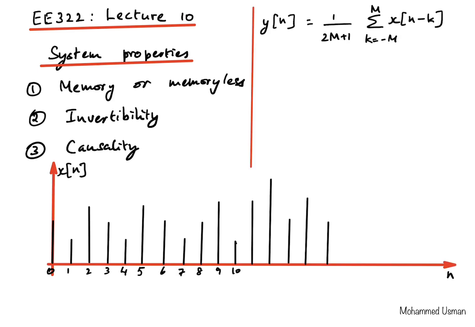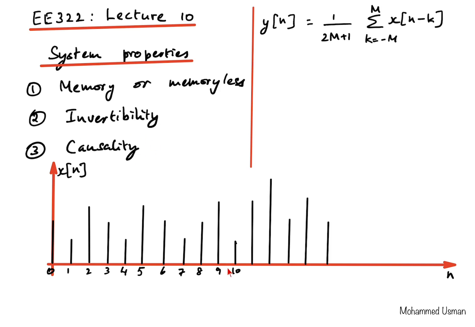In general, a non-causal system cannot be implemented in practice because you cannot have an output before an input. But that is when the x-axis variable is time.